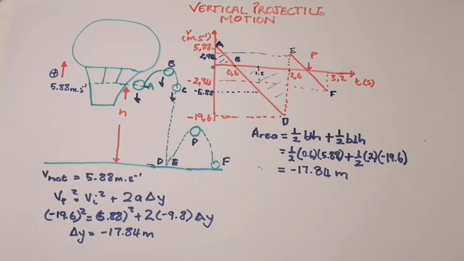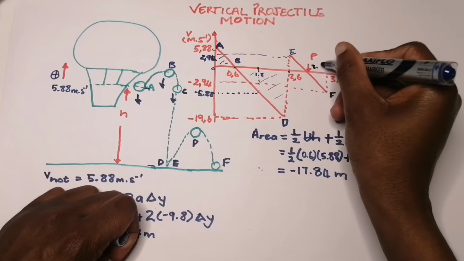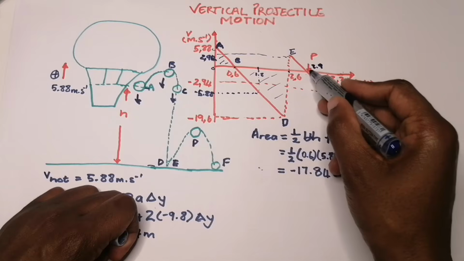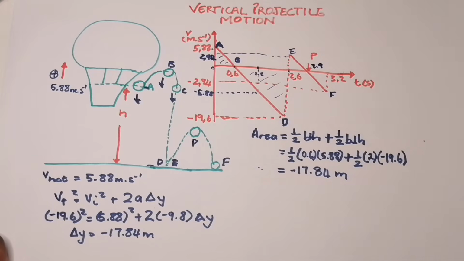And remember, to get the mean, I need to just divide that by 2, and I get a time of 2.9 seconds. So the time there would be 2.9 seconds. And how did I get that? I added this to that and divided it by 2 to get the mean there, right?